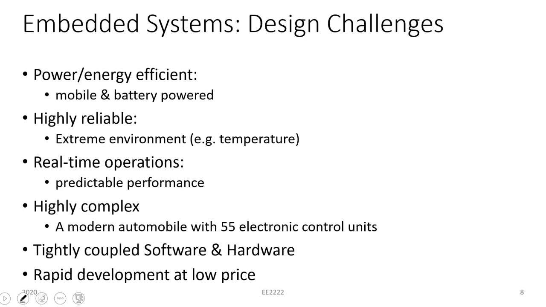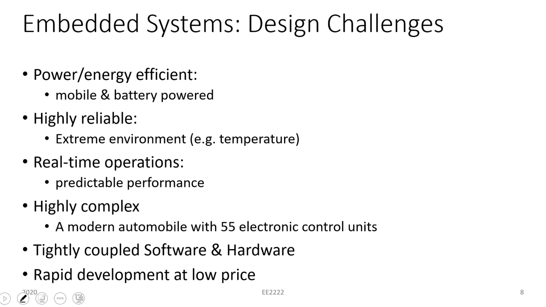Again, many of these embedded systems may run in extreme environments, high temperature environments, things like control system devices that are running in manufacturing plants, for example. Then we may have certain real-time operation requirements, where predictable performance is needed. So we may use certain special purpose-built system on a chip devices there rather than using general purpose processors.